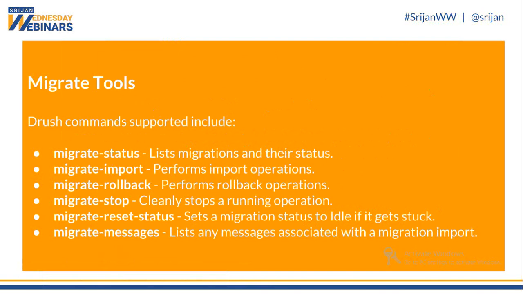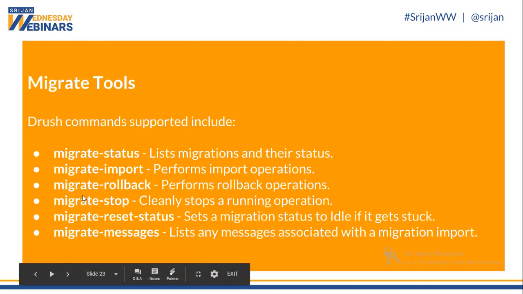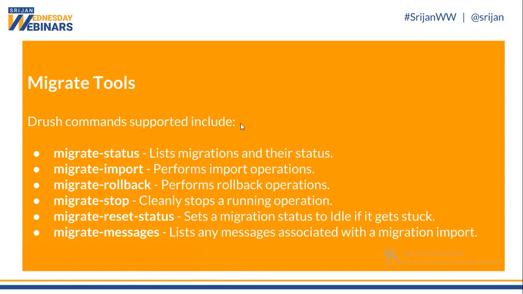Or if you have a single migration that you want to roll back, then the command is drush migrate-rollback and your migration template name, which you will get when you run the migrate-status command.